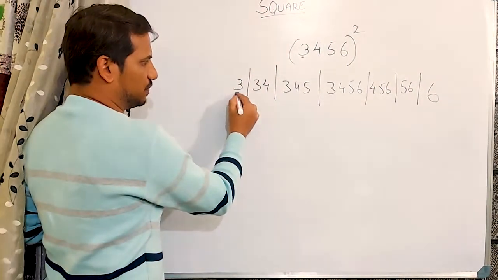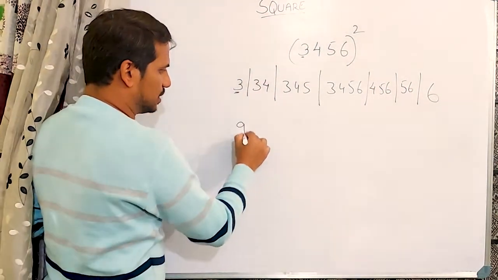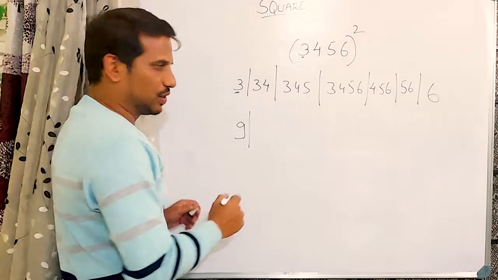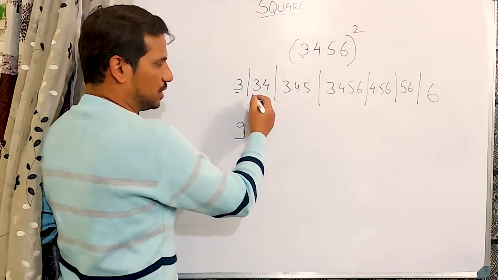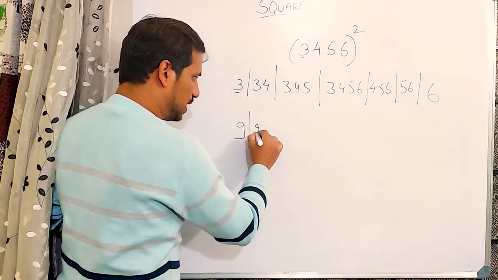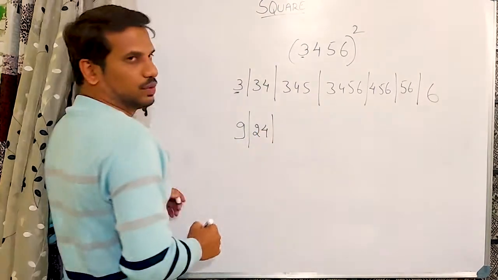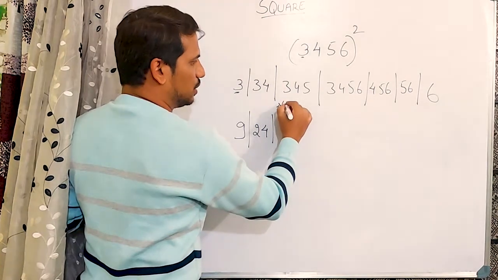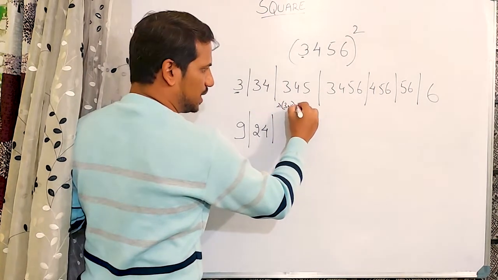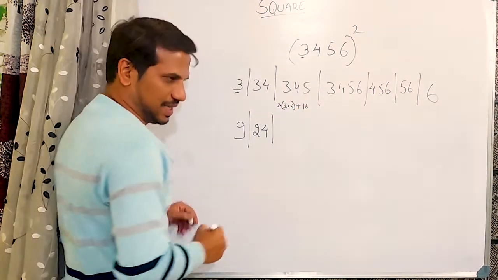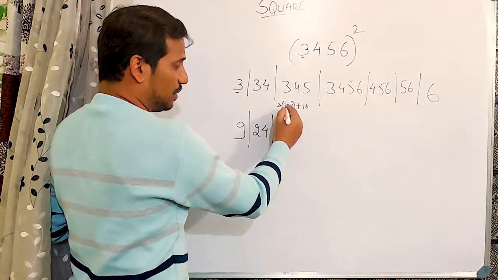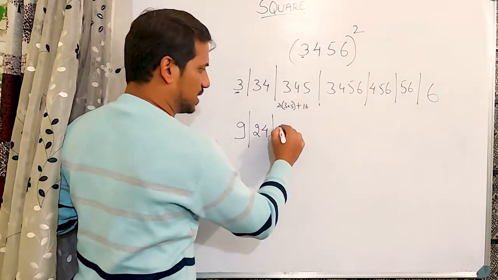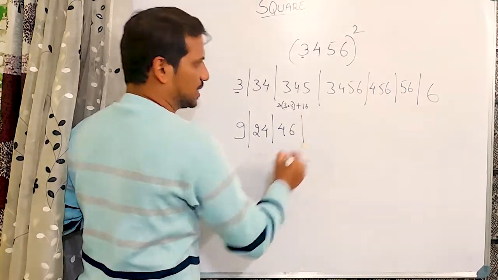So duplex of 3 is nothing but the square, it is 9. Duplex of 34, 2 into 3 into 4, that's 12 into 2, 24. Now duplex of 345, 2 into 3 into 5 plus 4 square, that is 16. So 15 into 2, 30 plus 16, that is 46.